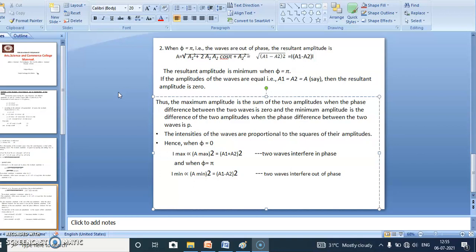Okay, then when phi is equal to pi, intensity will be minimum, and that is directly proportional to the minimum amplitude squared, which is equal to (A1 minus A2) whole squared, because the two waves interfere out of phase.